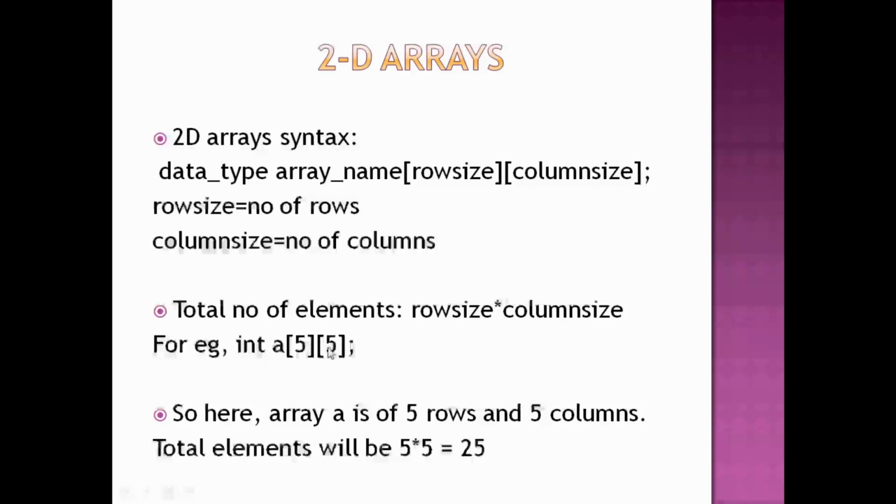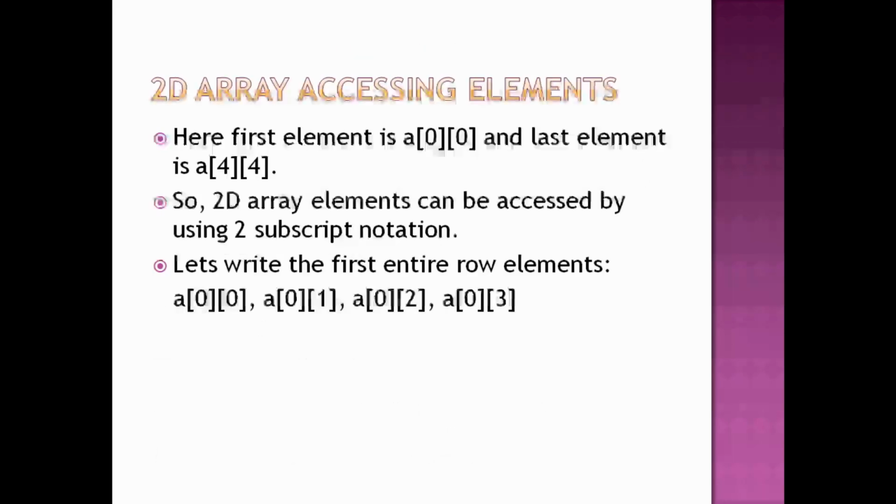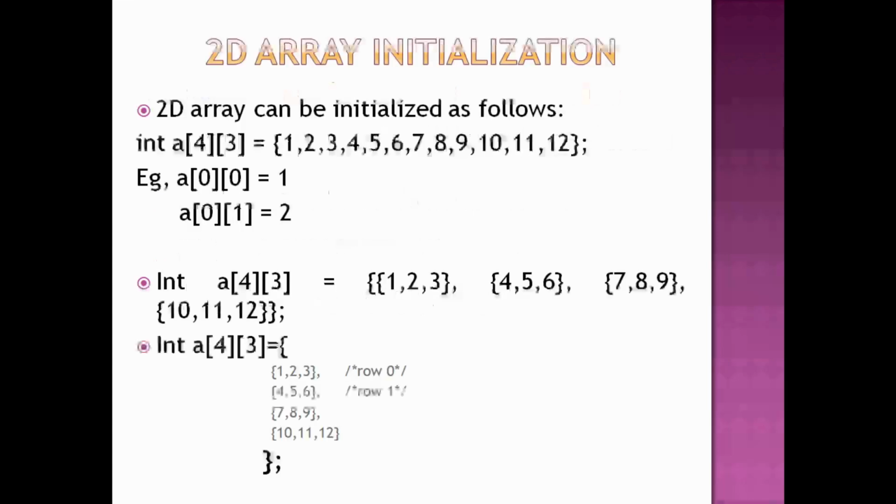So your index number will always start with 0 and move up to n minus 1. Clear? So that's why the first element will be a[0][0], and the last element will be a[4][4]. So remember one thing about how to access the elements: you can always access an element by writing two subscript notation.